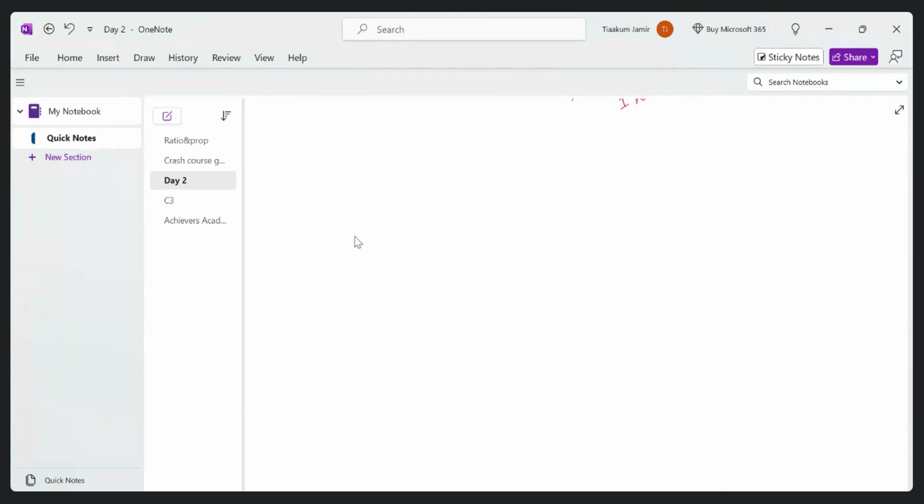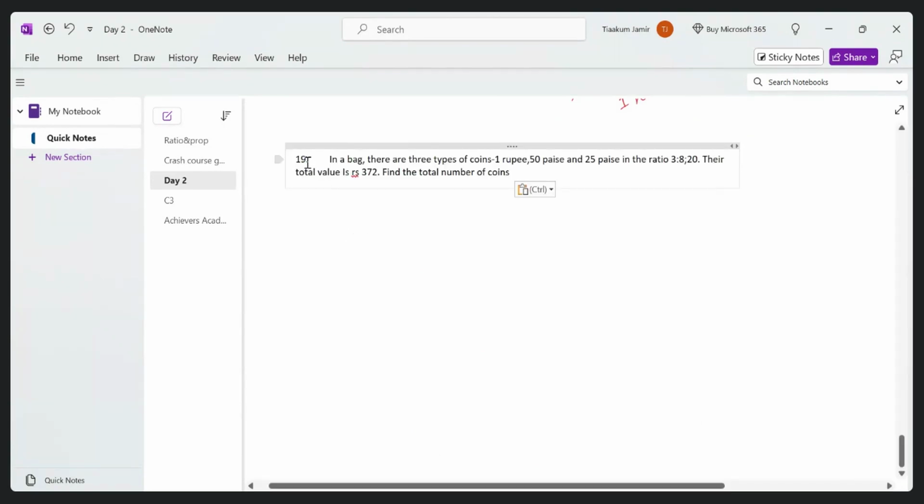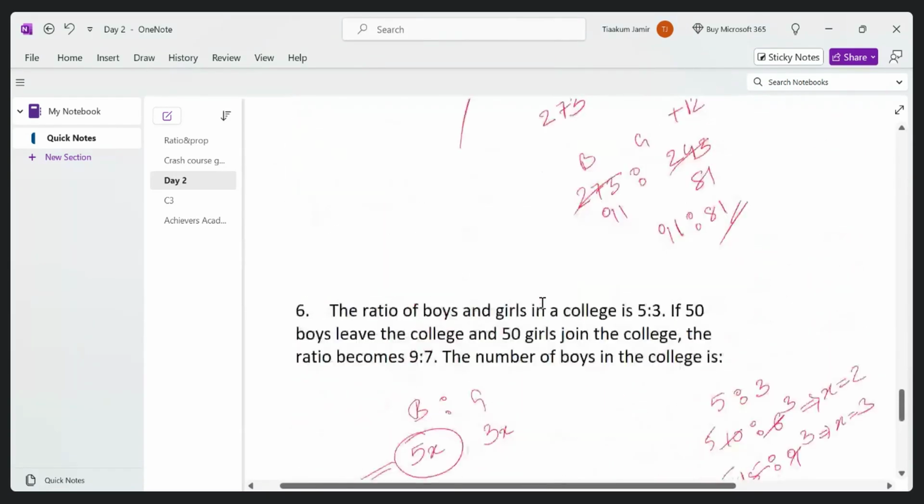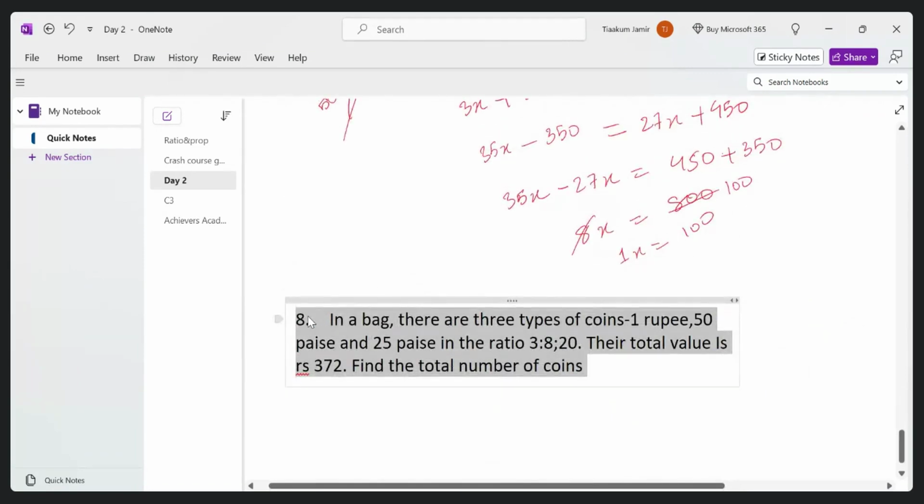So listen to this carefully, and I'll give you one homework from ratio and proportion. This is question 7.